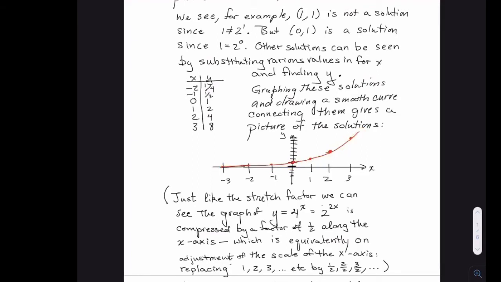So I just want to point out that we can look at, for instance, y equals 4 to the x, and we can rewrite that as 2 to the 2x. So this is kind of like a stretch factor in the x-axis. We're multiplying the x by 2, which is similar to squishing the graph in the x direction, so compressing it.